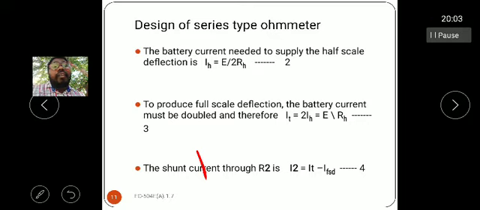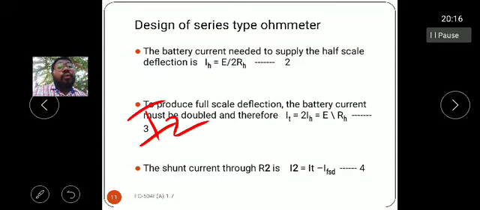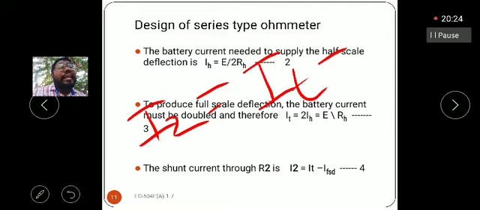That means the current passing through the resistor R2, indicated as I2, is equal to the battery total current minus the full scale deflection current. This is equation 4.